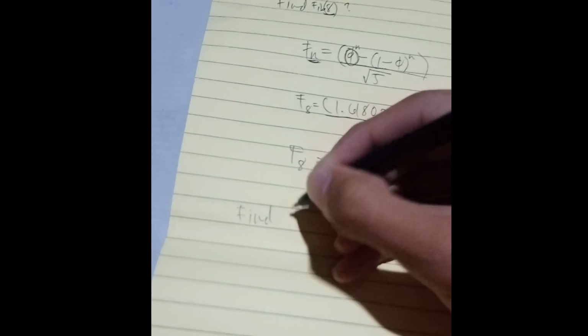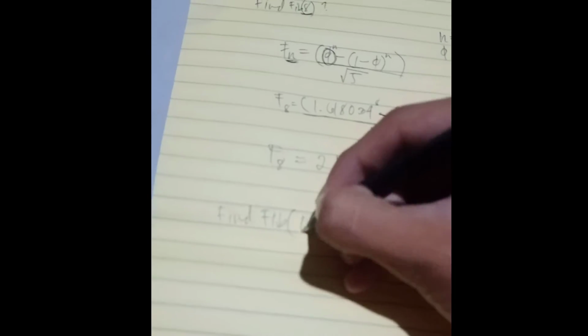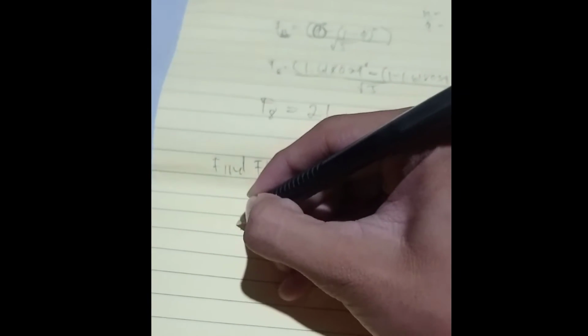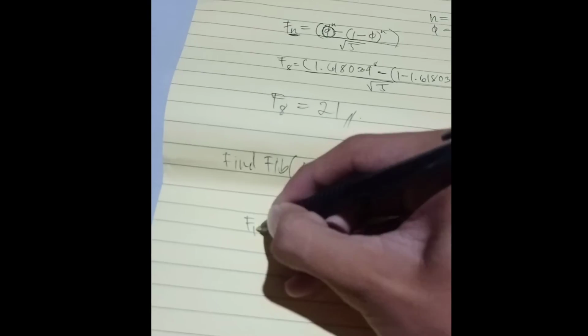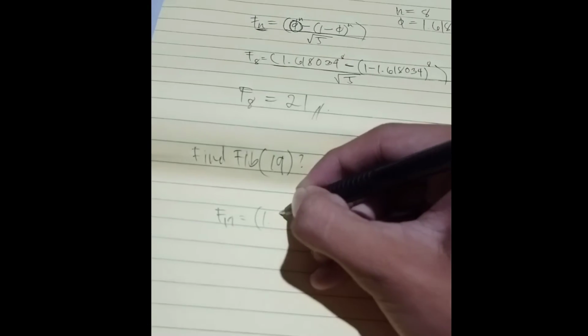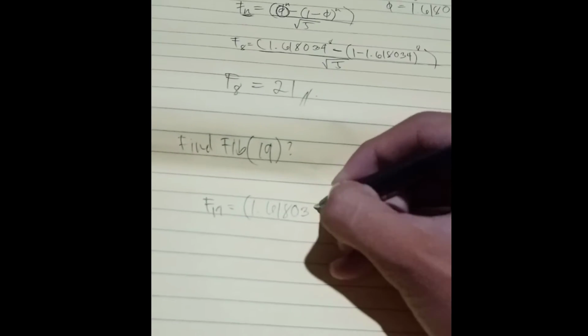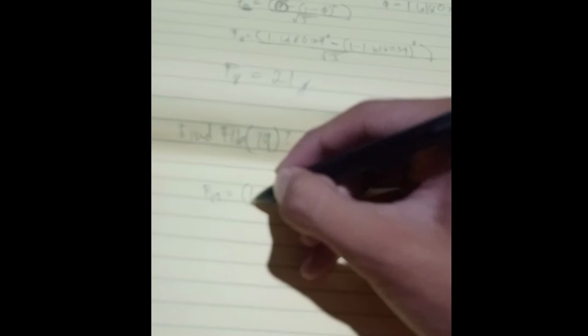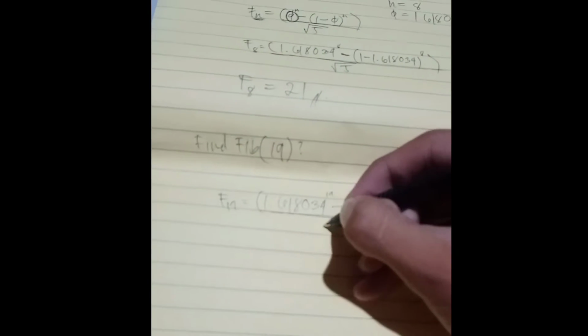So let's find Fib 19. F sub 19 is equal to (1.618034 to the 19 minus (1 minus 1.618034) to the 19) over the square root of 5.